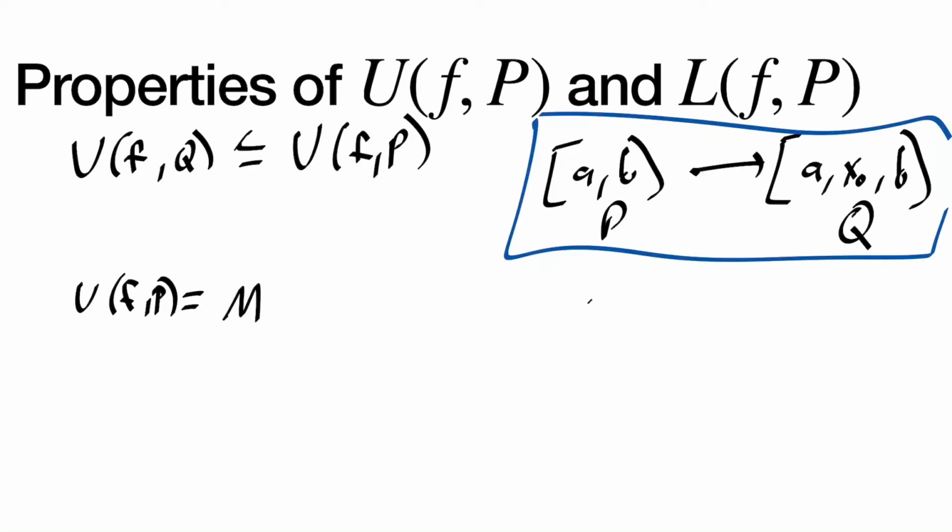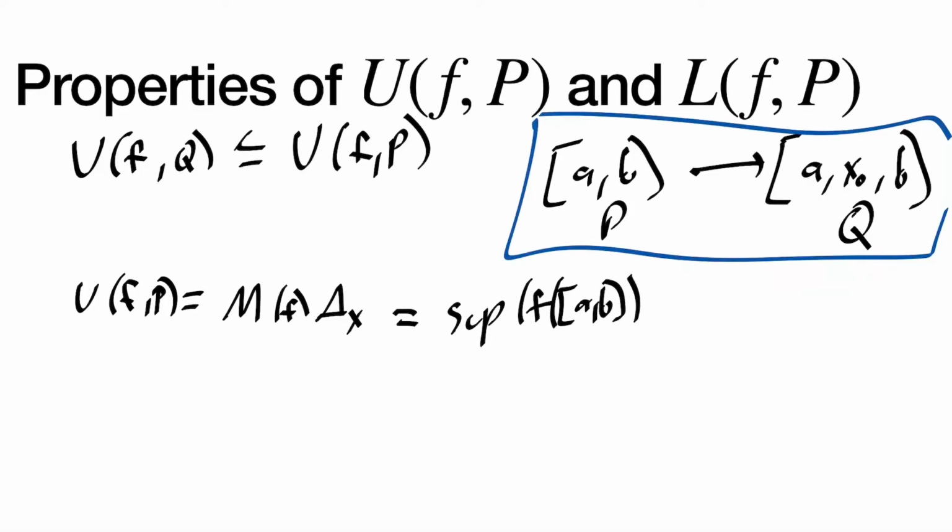Okay, so it's going to be that M, since there's only one of them, I'll just call it M of f, and then delta x, and that M is going to be the sup of f over the interval from a to b. And then that delta x is just b minus a. That's that interval right there.